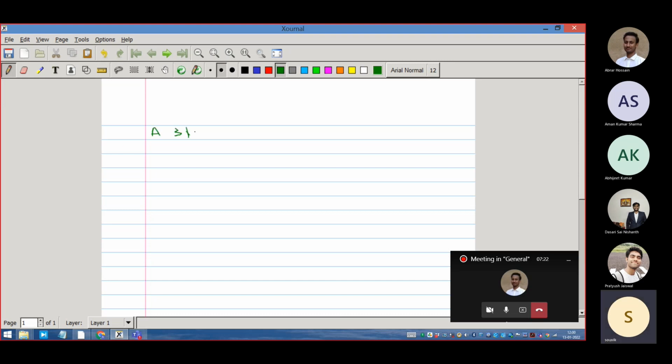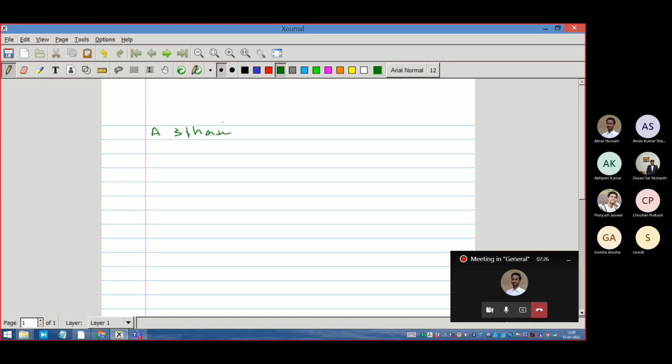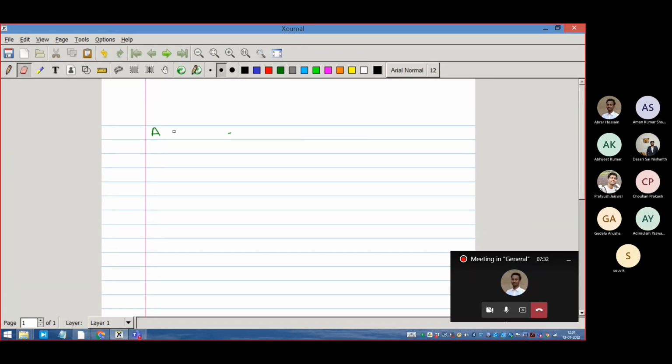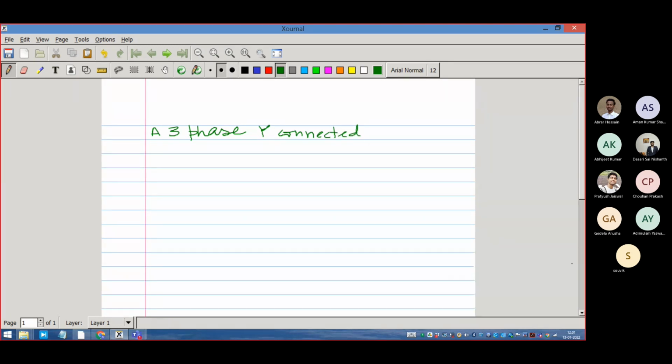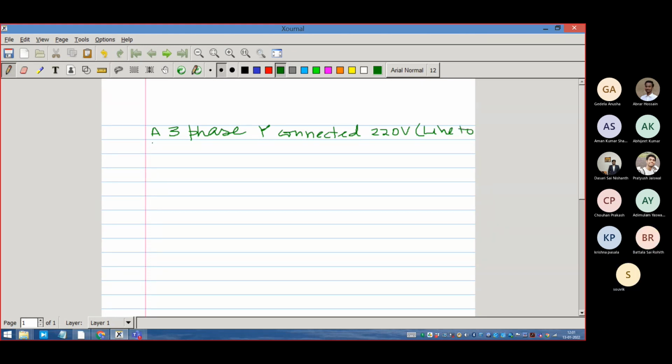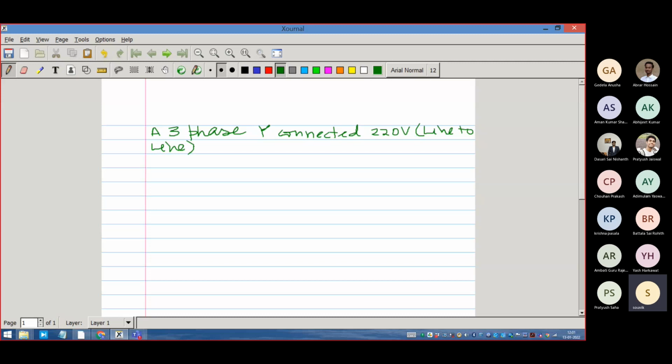A three-phase star connected, 220 volt, this is line to line voltage, 60 hertz. 60 hertz is a US supply system.